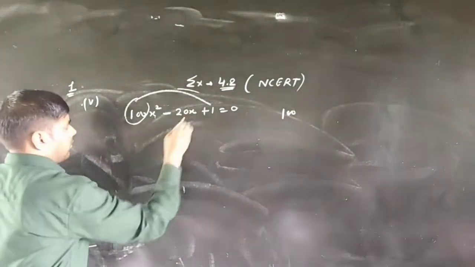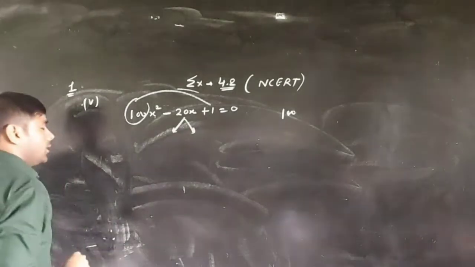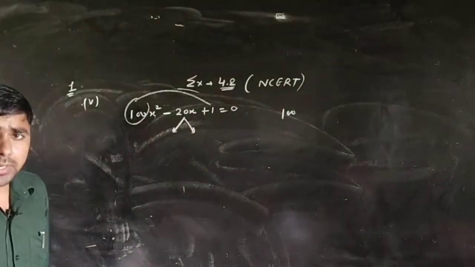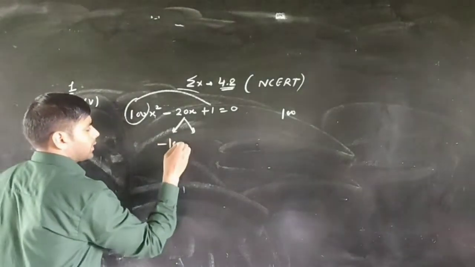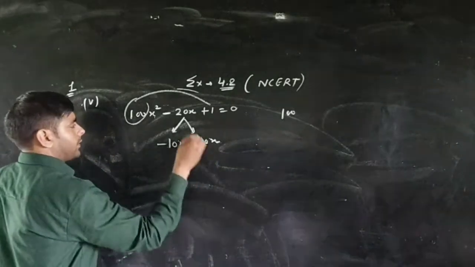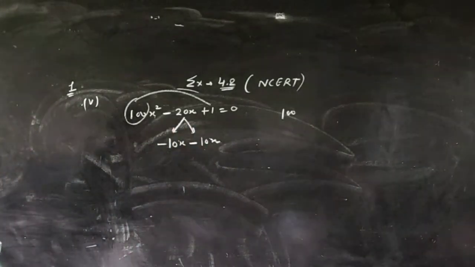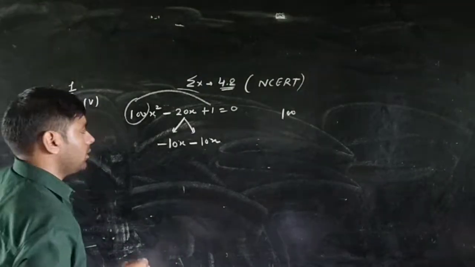We will split the minus 20 into two parts so that their product is 100. You can write this as minus 10x minus 10x, since minus 10 minus 10 is minus 20 and minus 10 into minus 10 is plus 100.